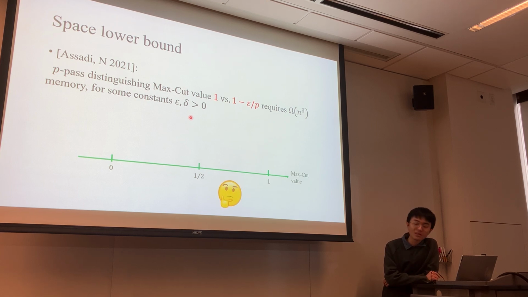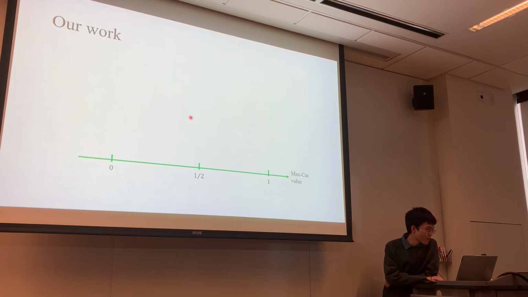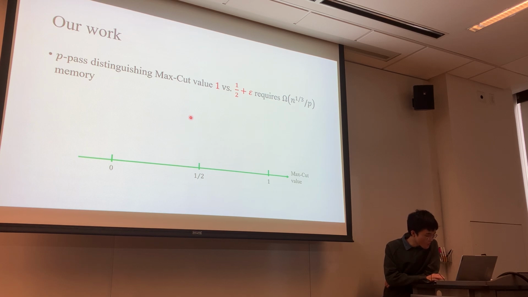So that left open the possibility that one might be able to do something non-trivial in terms of approximating max cut in multipass streaming, just as is the case in polynomial time. Our work answers this question in the negative by showing that it is hard to distinguish graphs with max cut value 1 from graphs with max cut value at most 1/2 plus epsilon in polynomial space and a constant number of passes.